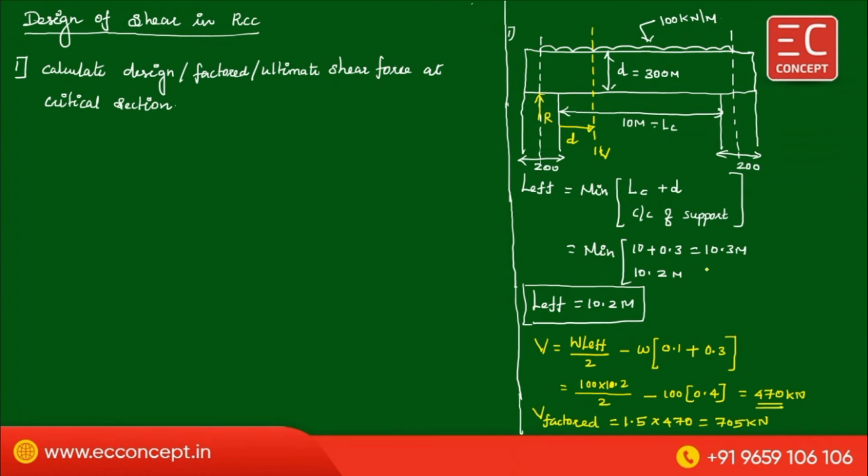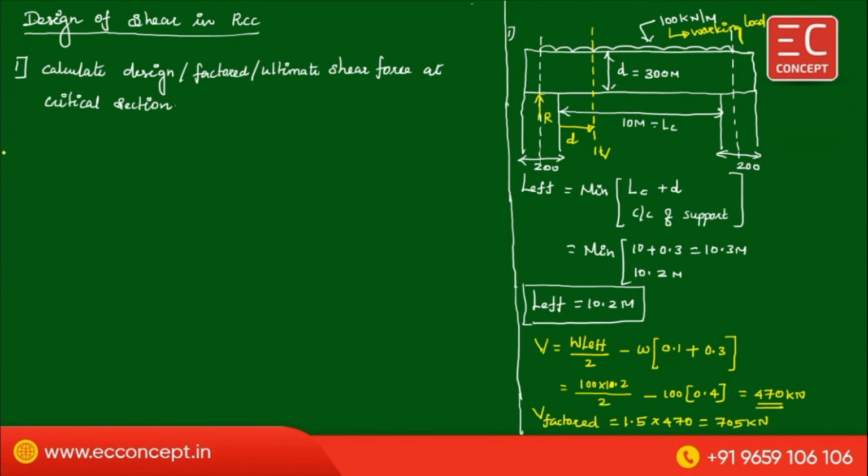This is the factored load, meaning the previous one is the working load. If the load is already a factored load, then you need not substitute this 1.5, you can directly take it. I hope you know that. This is the first step.